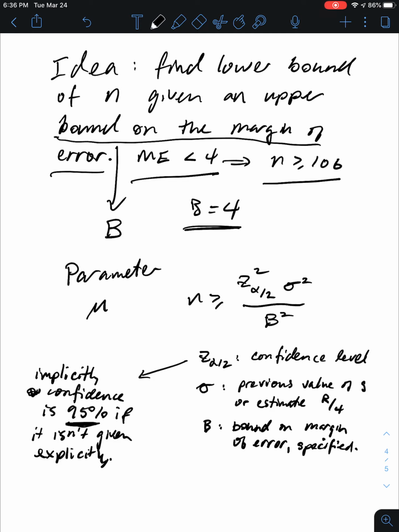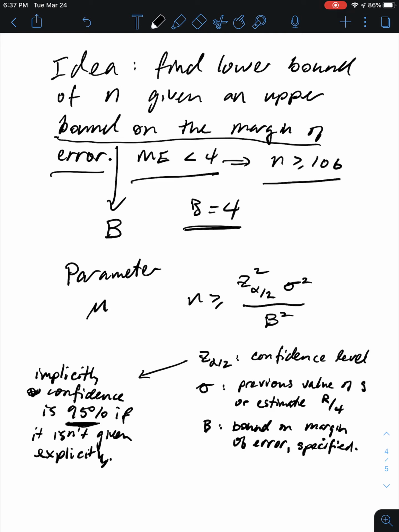It's better to give it, and when you give your answers, I would like you to explicitly say the confidence level that you used when you calculated your answer. But sometimes the questions do not say that. You have to know enough to know that the appropriate value to use for confidence is always 95%.